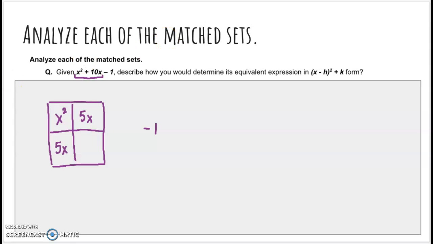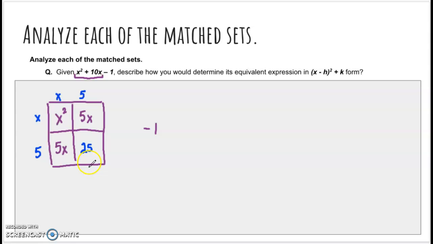Hopefully at this point you see we've got a perfect square: x plus 5 times x plus 5. 5 times x is 5x, x times 5 is 5x, and what that gives us right here is a 25. So we've actually changed our problem here. We've added 25. Well, we're not allowed to do that.